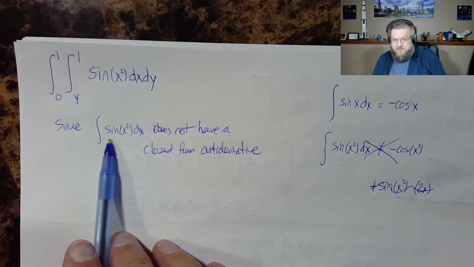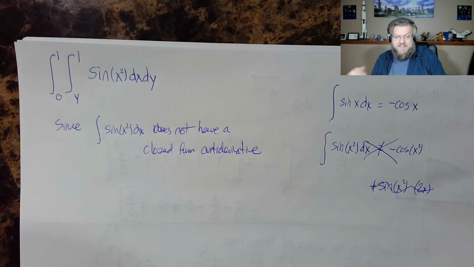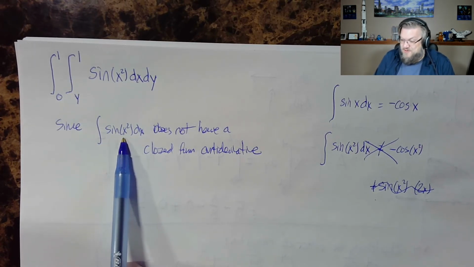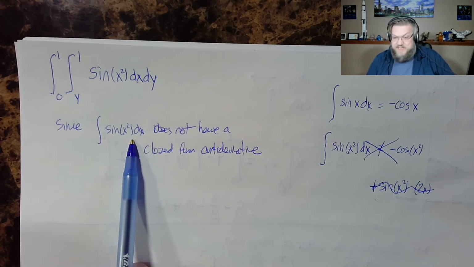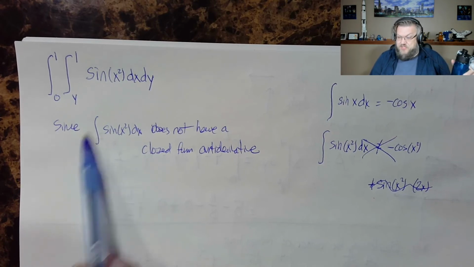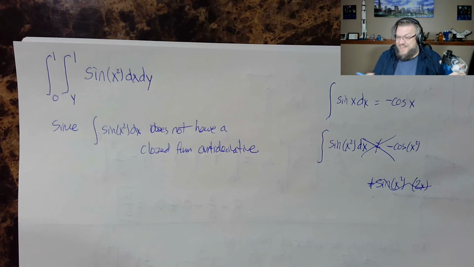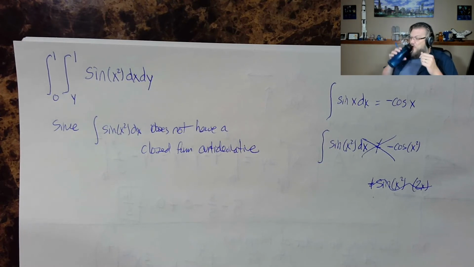You can take the integral of this function with respect to x. What you can't do is use the fundamental theorem to do that. You have to maybe use the trapezoidal rule or Simpson's rule or some other numerical approach to integration to get a quantity for this. So this is totally integrable, but I can't use the fundamental theorem because I can't get an antiderivative in a closed form. So that's what I mean when I say that.